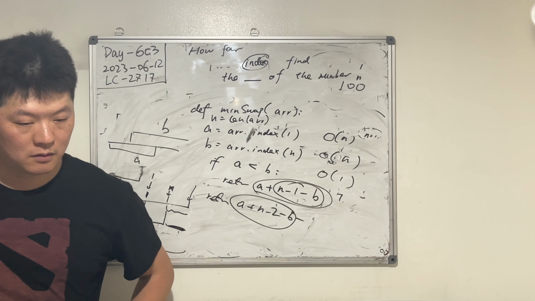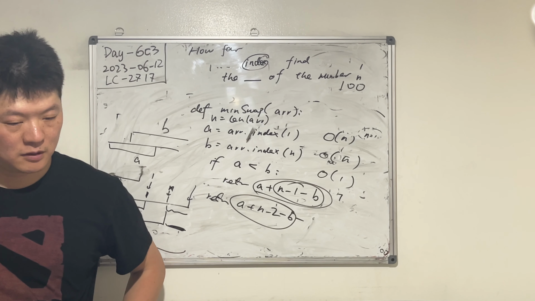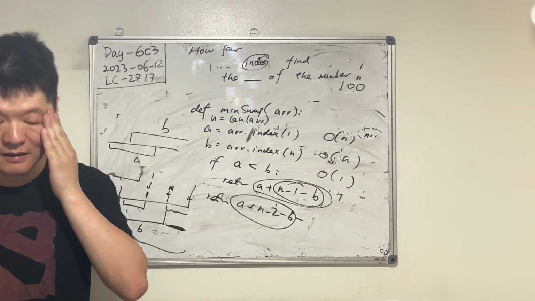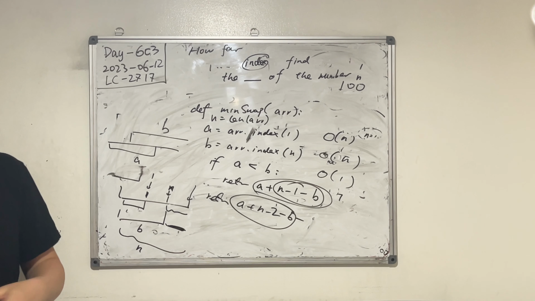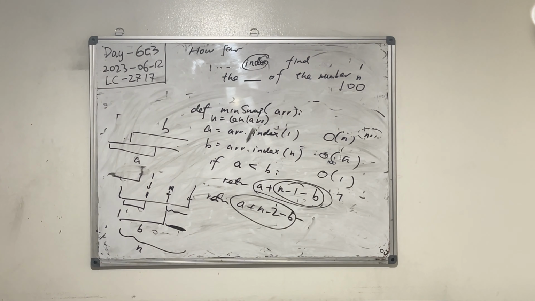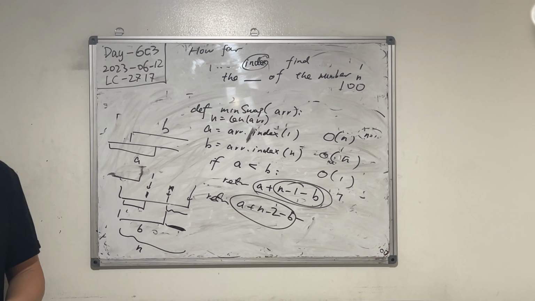Okay, so what have you learned today? What are we doing with these numbers? We want to swap 1 to the beginning and n to the last. We don't need to do the swapping. Instead, we calculate A and B. A is 1 or n, it doesn't matter, to the beginning and n to the end.